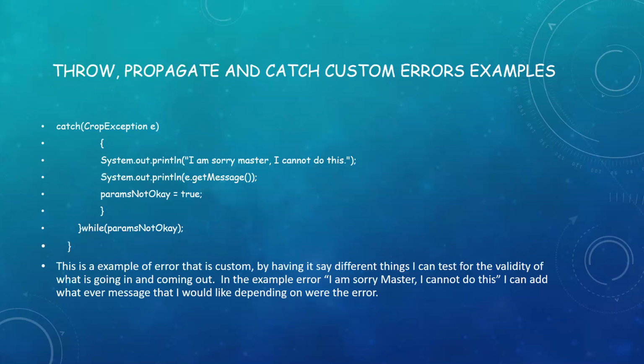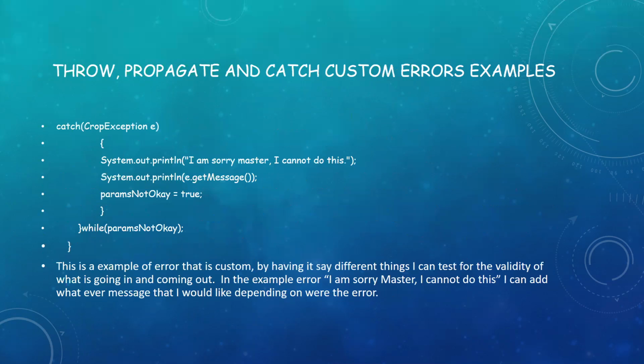Then here we say, "I'm sorry, master, I cannot do this," but I can make that any kind of message that I'd like to be an output to my user so they can understand what they need to put in there.